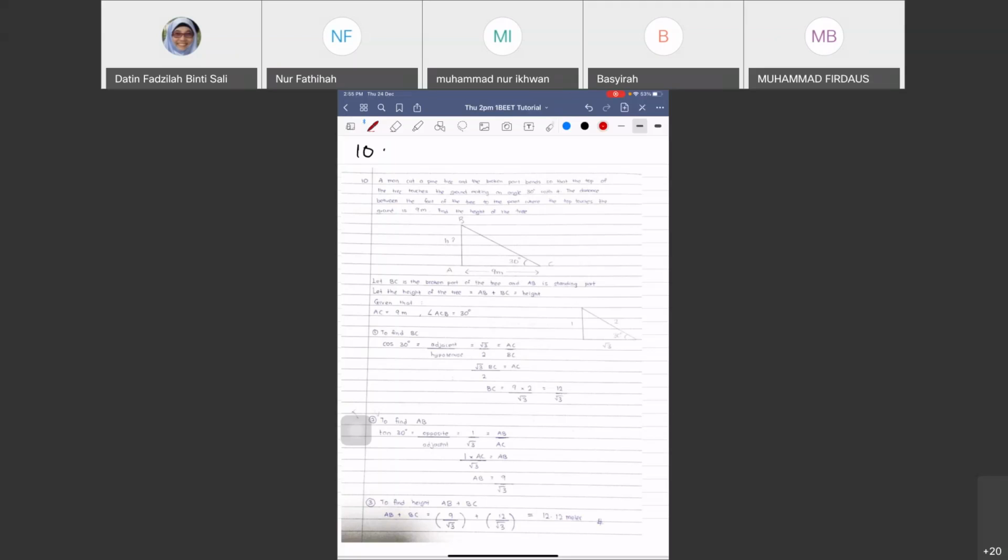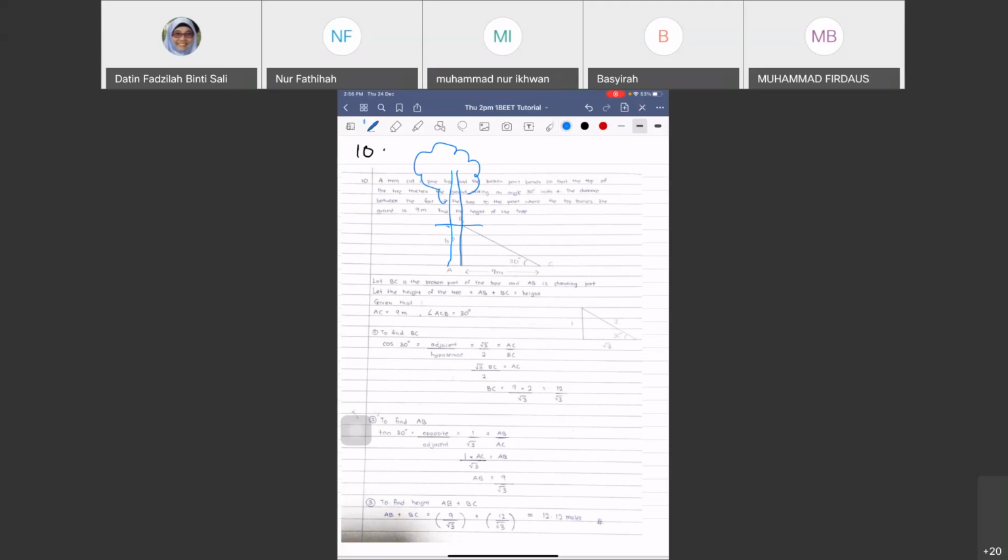Okay, so basically initially you have a tree, isn't it? So you have a tree. This is actually a tree here. And then a man cuts it.